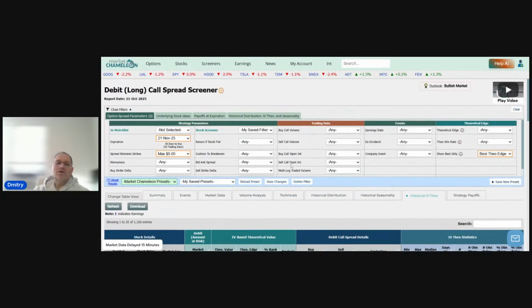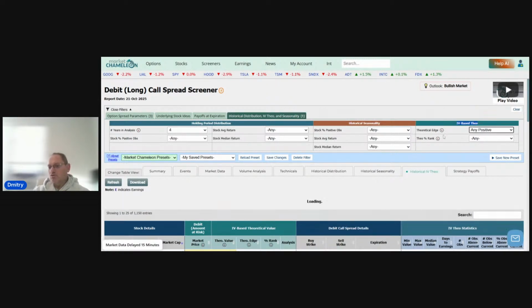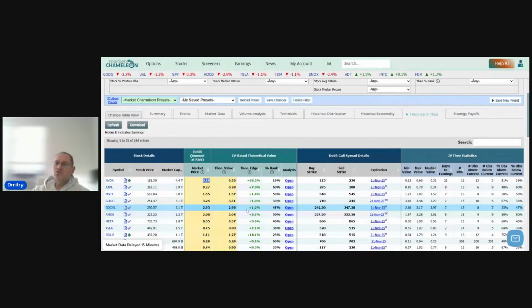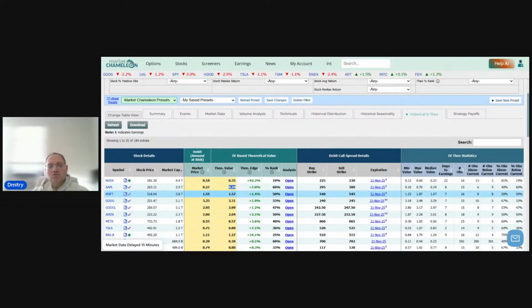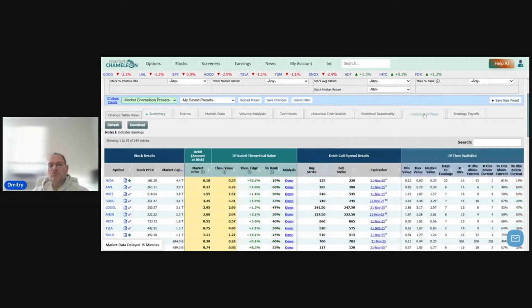We could go back up here, I think it's over here, IV base Theo, and just say, show me any positive IV base, which would say that right now, as you can see, the price has a positive Theo because it's priced below that historical range. So it's below two benchmarks over here, right?